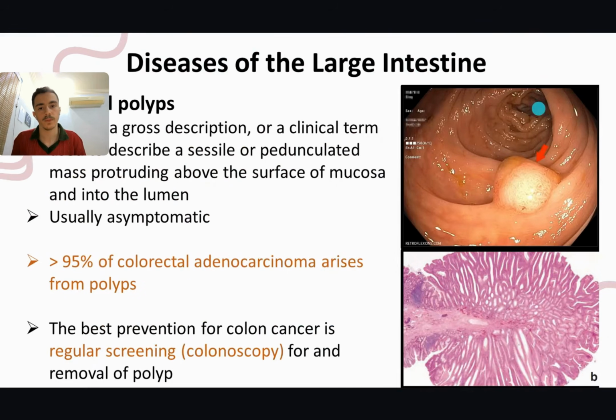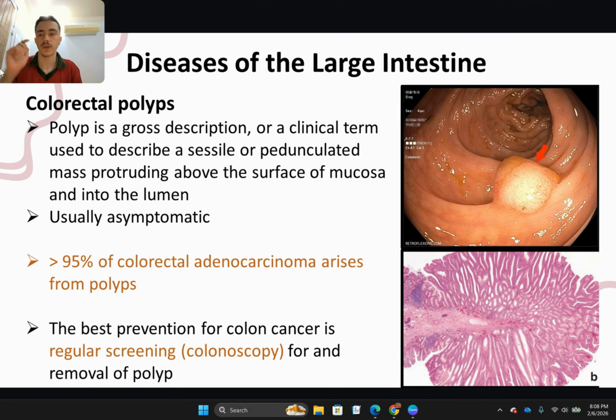Now we have the diseases of the large intestine. We have colorectal polyps. It's a growth lining either the colon or the rectum, a growth or mass in the large intestine.